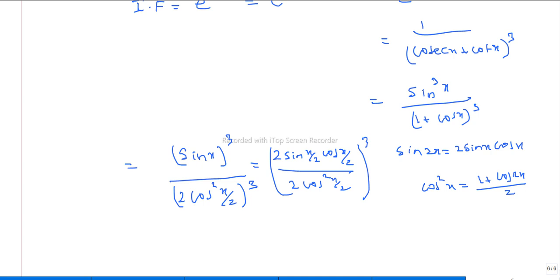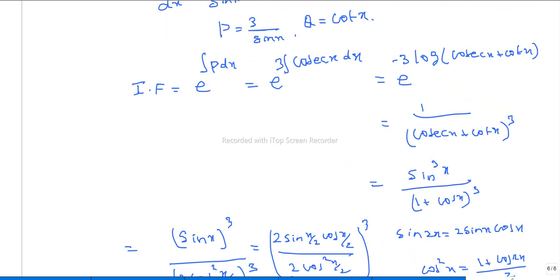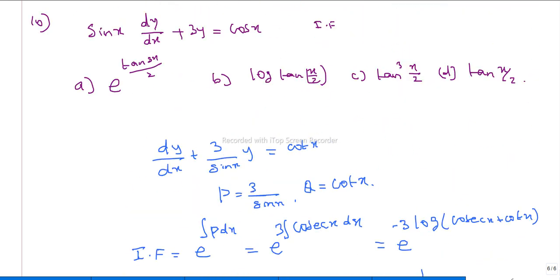We can cancel the 2 and one cos, and we get sin by cos, tan x by 2, whole cube, that is tan cube x by 2. So that is the answer. Tan cube x by 2 is the integrating factor. So you have to reduce to the first order differential equation, find p, integrate it, and raise the power of e.